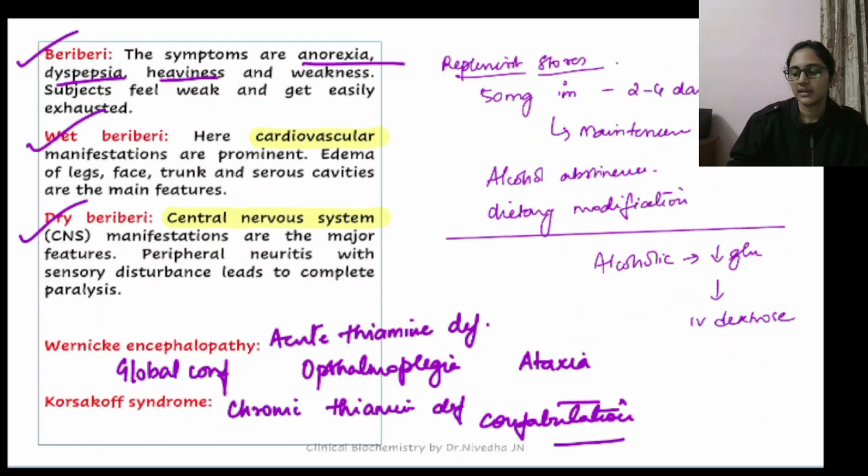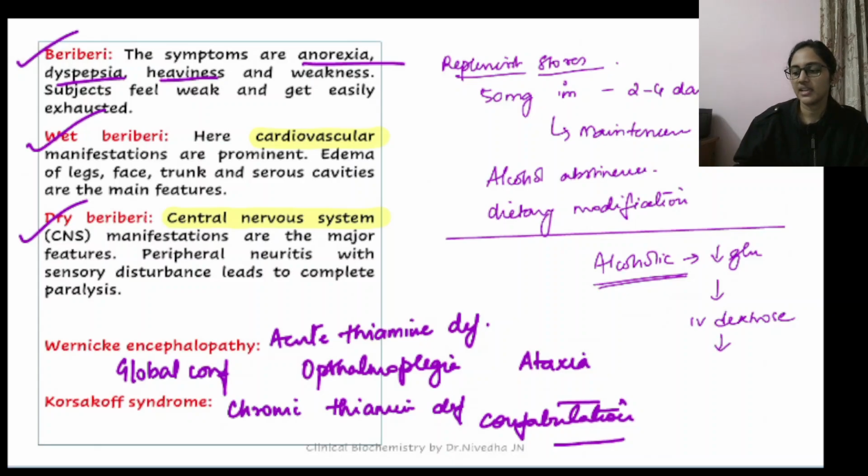Already this alcoholic will not have that much nutrients in them. He'll be nutritionally deficient, so he will have reduced thiamine levels. If you give dextrose, for metabolizing this dextrose via glycolysis, your PDH complex will use thiamine, is it not? So whatever low amounts of thiamine are available will get used up sooner.